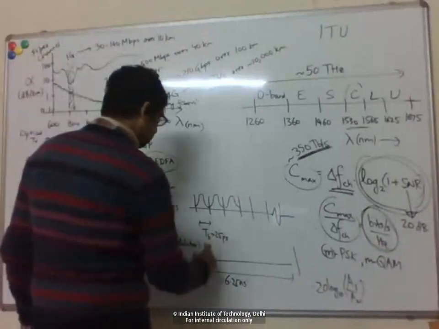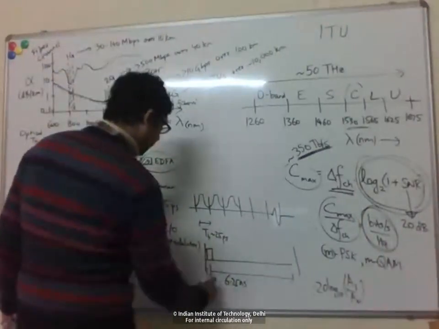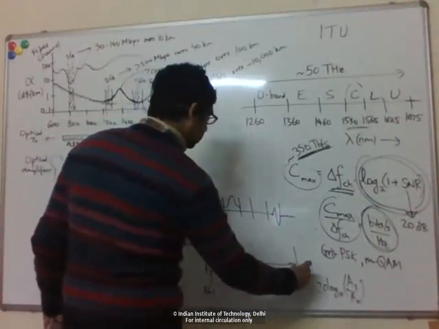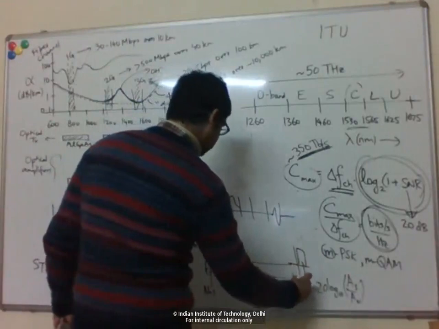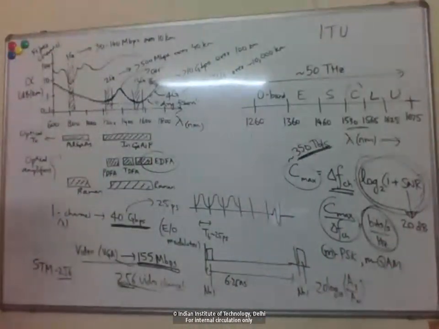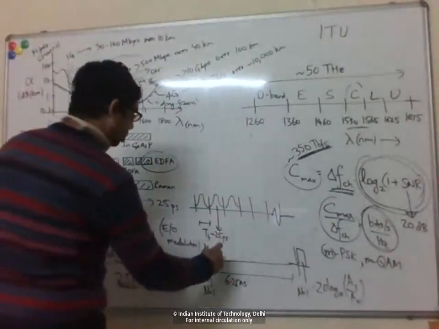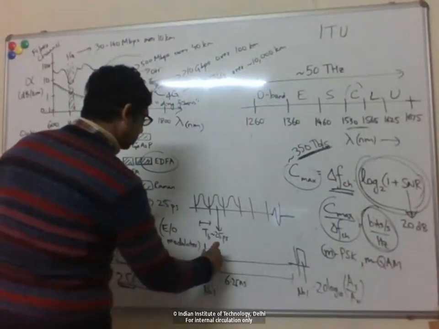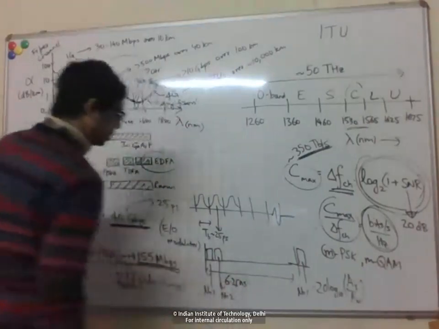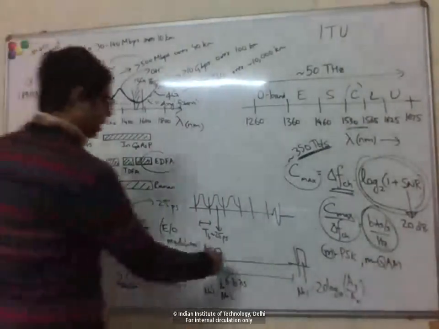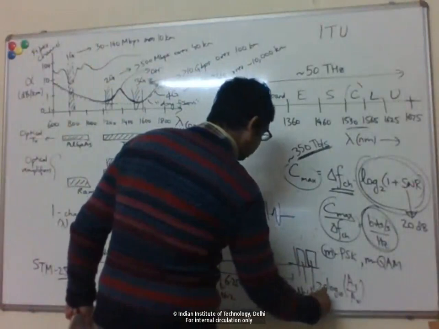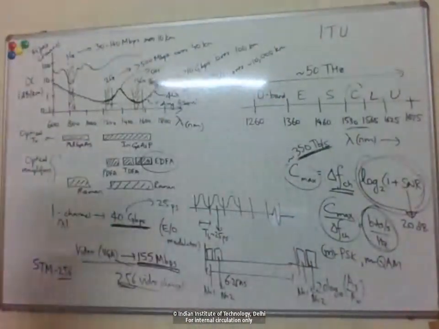So what I do is, this first bit I send for channel number 1, n equal to 1, and after 6 nanoseconds will be the next bit for the first channel. Then the next optical bit will be the first bit for the second video channel, and similarly, after 6.25 nanoseconds, this will be the second bit for the second video channel.